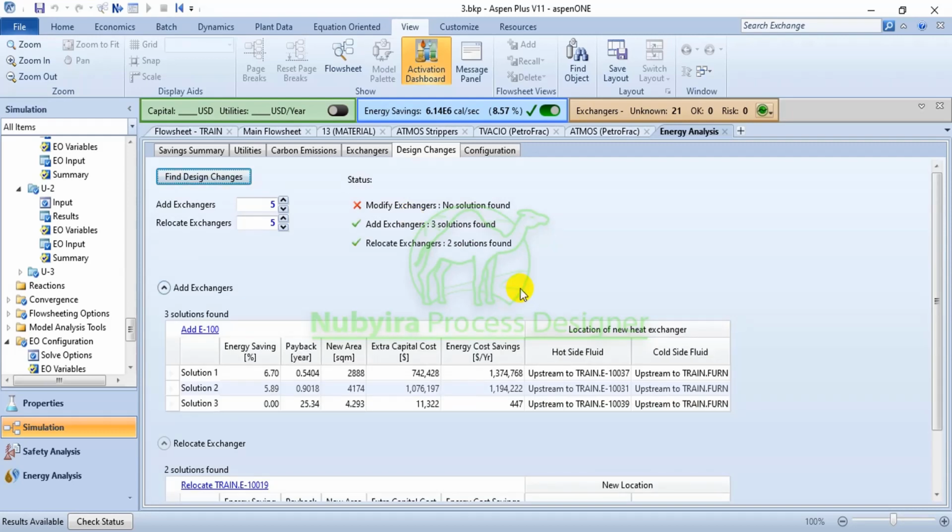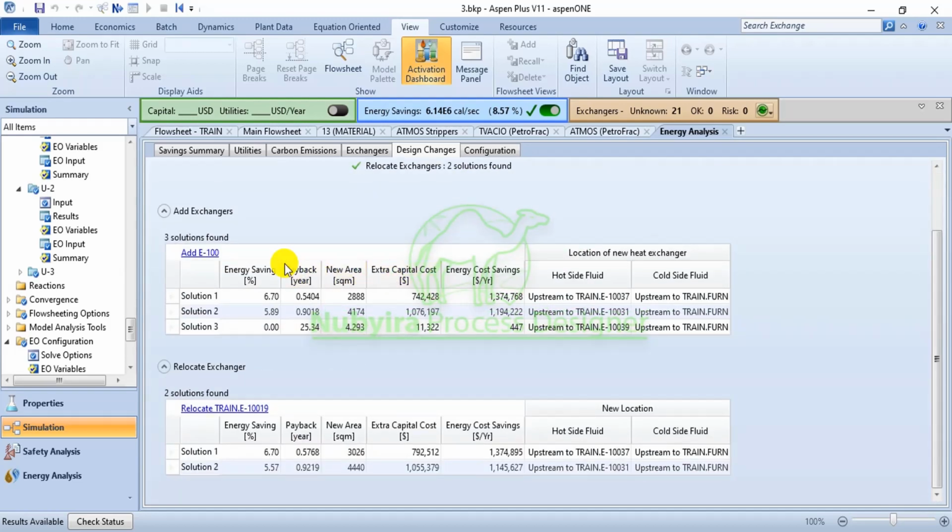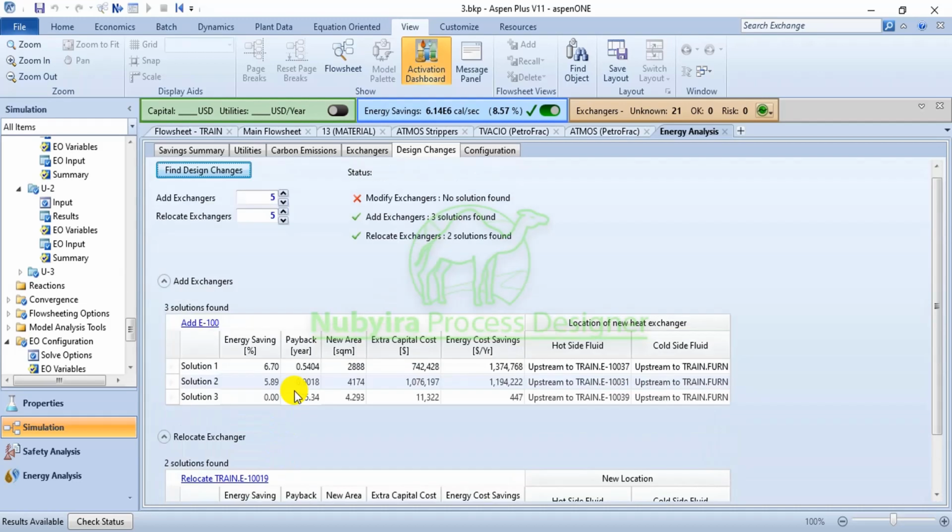Okay, it is done. So for the modified heat exchanger, there is no solution that is found to increase the heat integration in the process. For adding a new heat exchanger, it found 3 solutions, and for relocate it found 2 solutions.